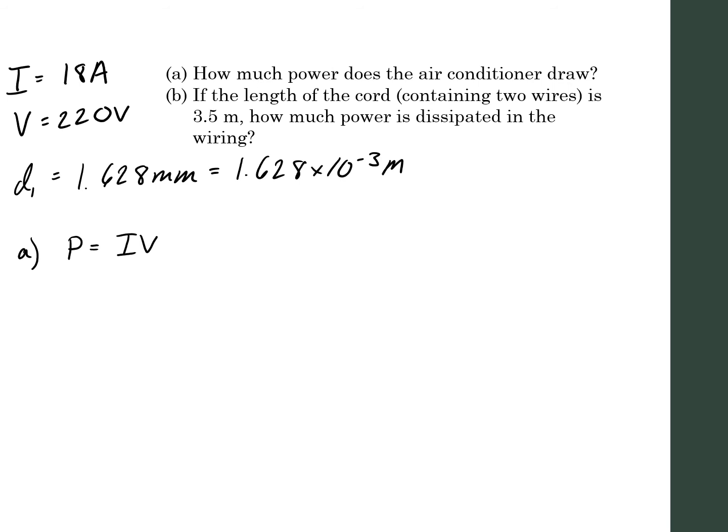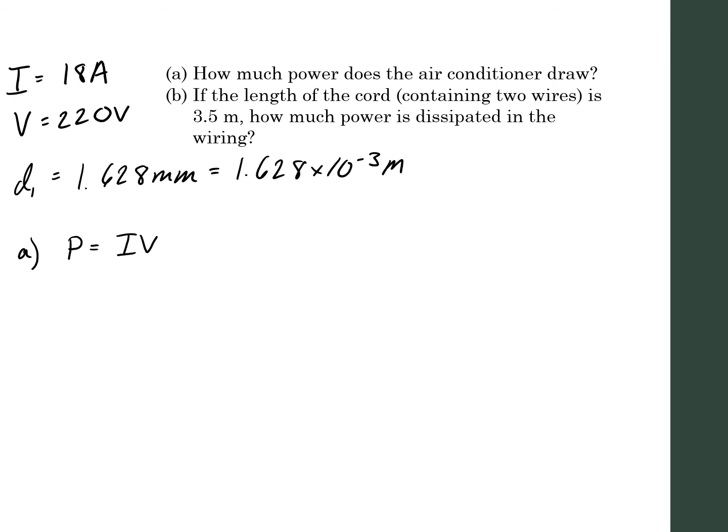In part A, I don't know the length of my wire, so I can't calculate a resistance at this time. In part B, I do have a length of a wire. I can use resistance there, and in fact, I will need to do so.